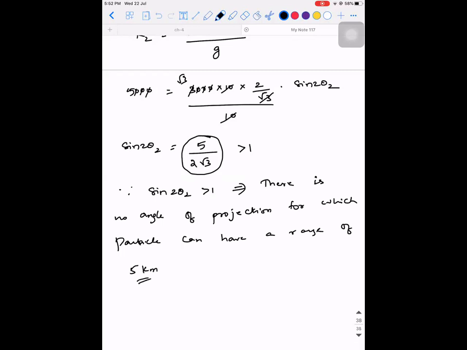That is the meaning. This is clear. So whatever problems I'm discussing today are very important. Range is along the x direction.